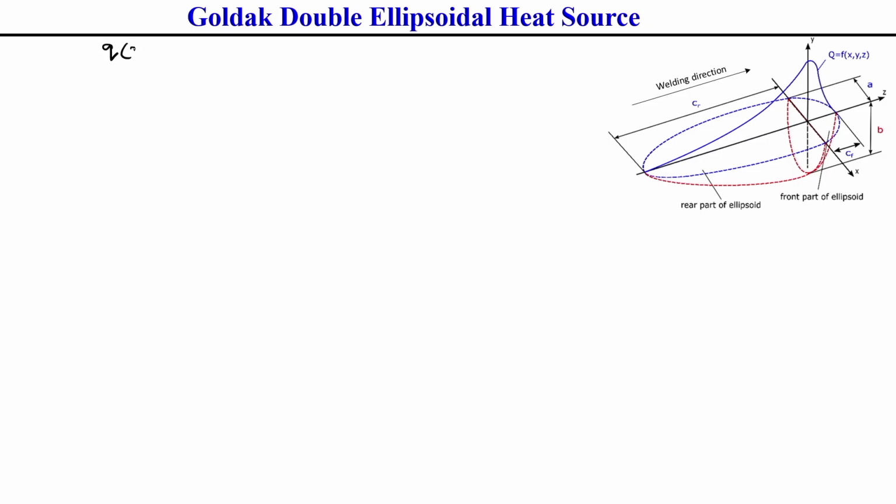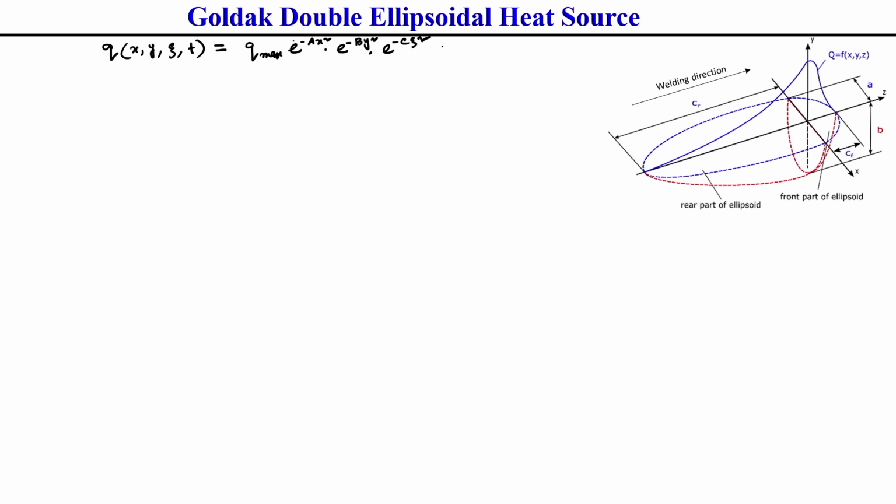I have shown Q x y zeta into t, the moving coordinate heat source. This you can represent as Q max into e to the power minus a x square into e to the power minus b y square into e to the power minus c zeta square. This is the equation for the moving coordinate system. This you should keep in mind.